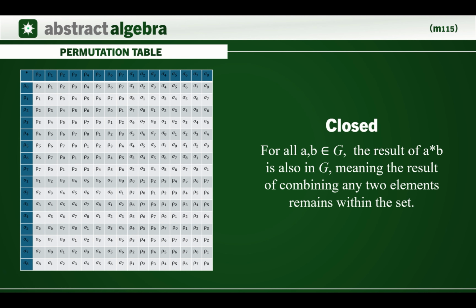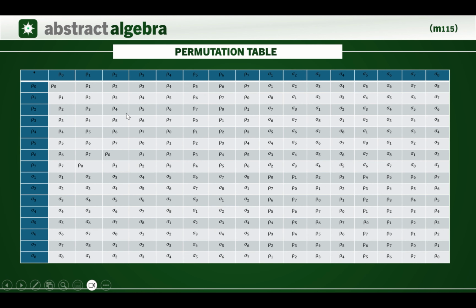So sigma sub 5 star sigma sub 7 is sigma sub 2, I mean rho sub 2, and rho sub 2 is also in the set. As you can see, when we perform a binary operation on this table, the resulting element is also in our set. Therefore, we can conclude that it is closed.